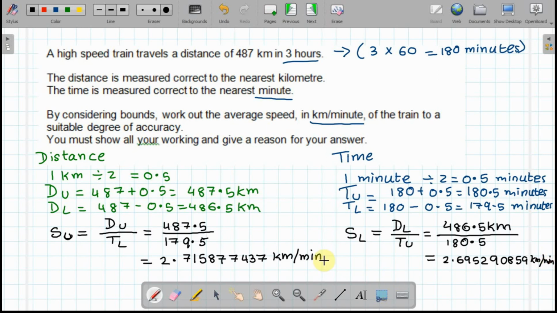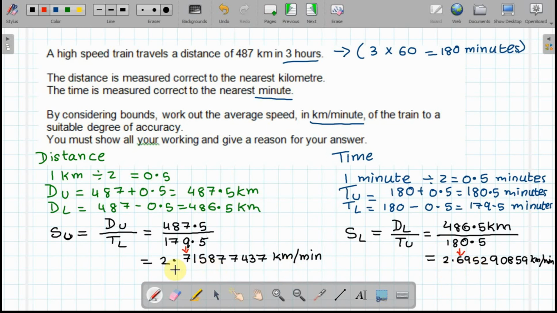Okay, so I have to now see to what degree of accuracy are these two numbers the same. So if I were to round these two numbers to two significant figures, so the second significant figure would be this digit here and this digit here. Both of them would be 2.7. If I go to three significant figures, on the left I'd get 2.72, on the right I'd get 2.70, so it wouldn't be the same.